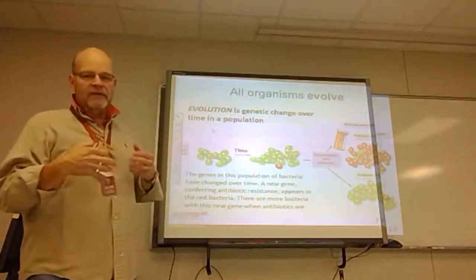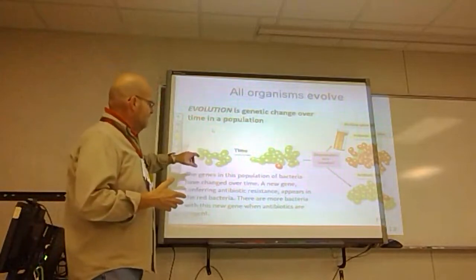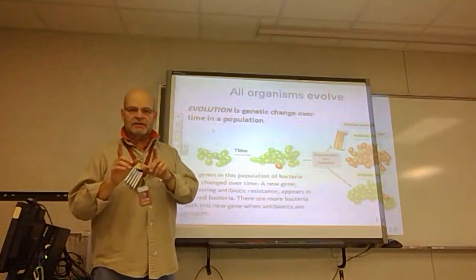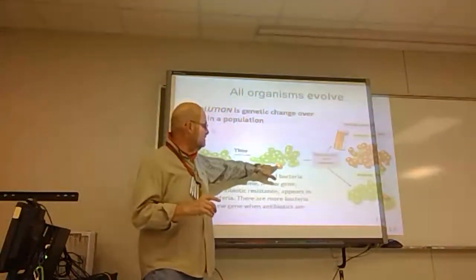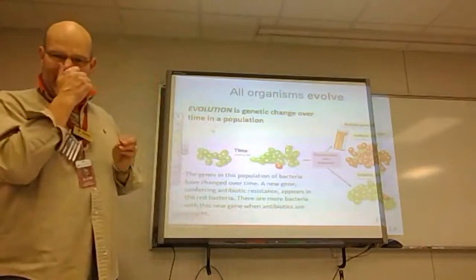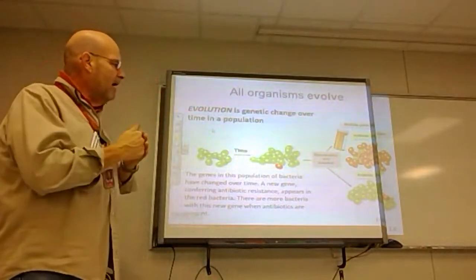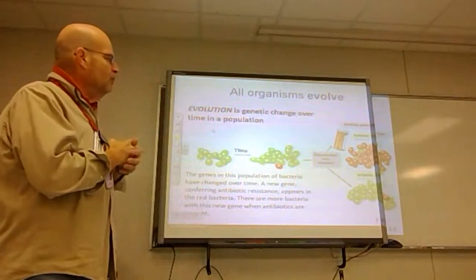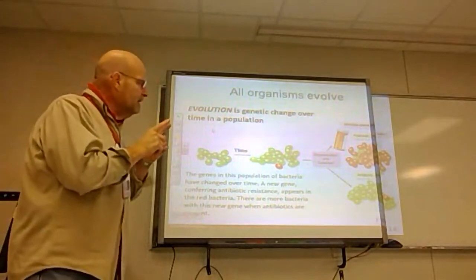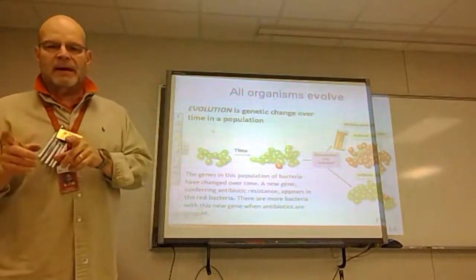So what can occur, and this occurs naturally, is that we've had an adaptation or a mutation that has caused this one bacteria to be red. And that one red bacteria, due to whatever that genetic change was, now has the ability to reproduce, and it also has what is called resistance to the antibiotic.